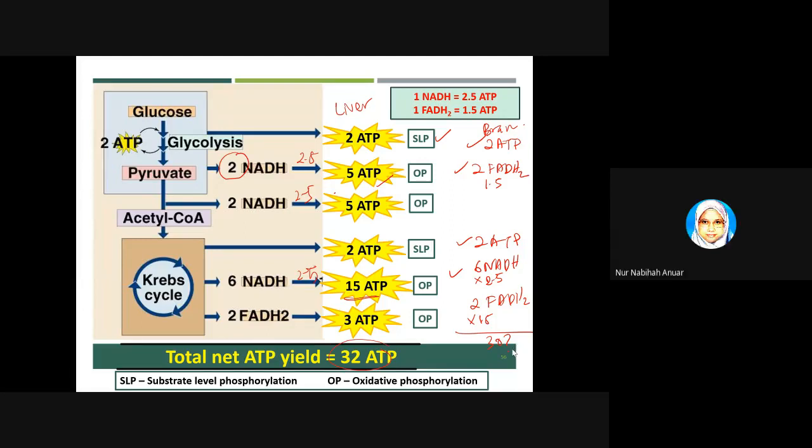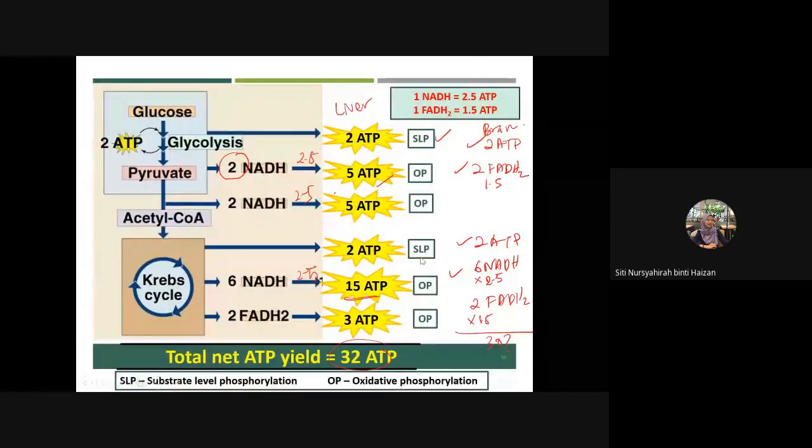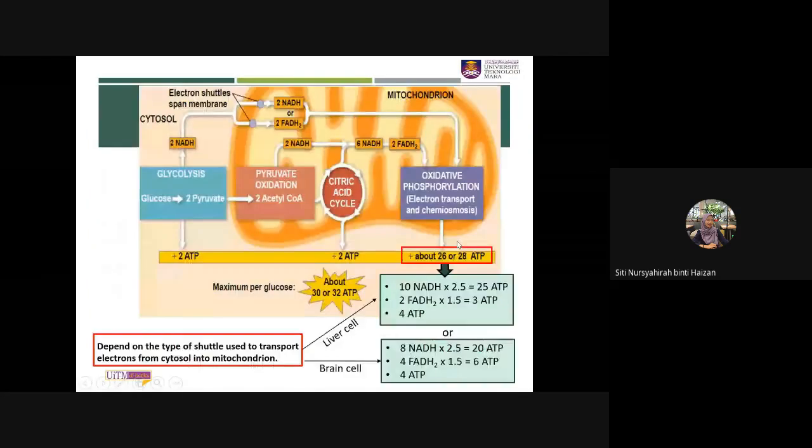Saya tak dapat itu. Tak dapat? Tak dapat. Dah dapat berapa? Sepuluh.